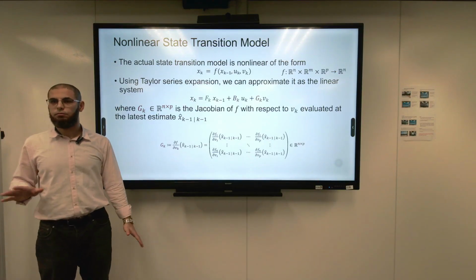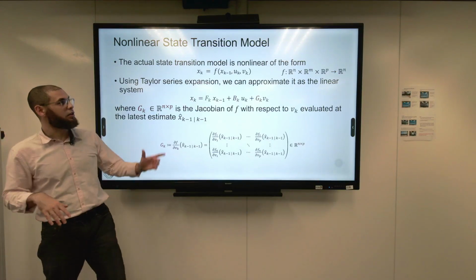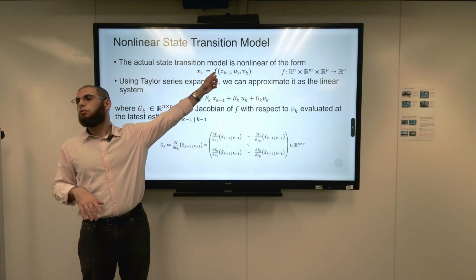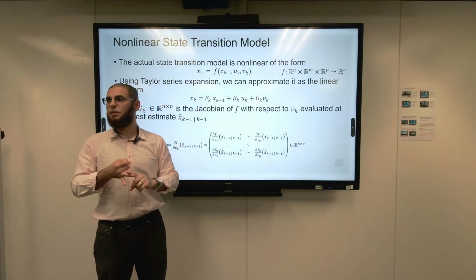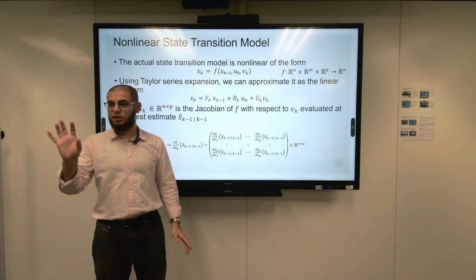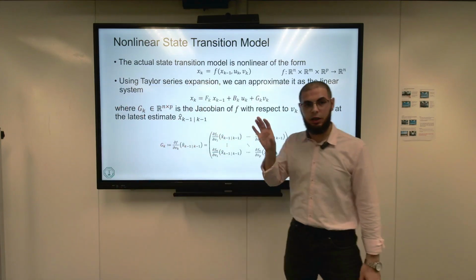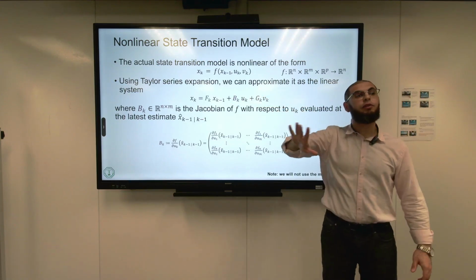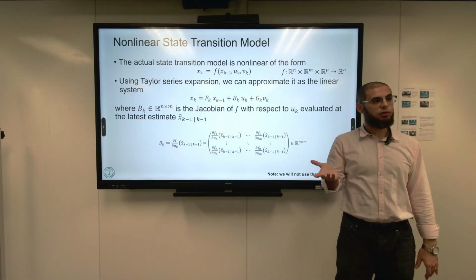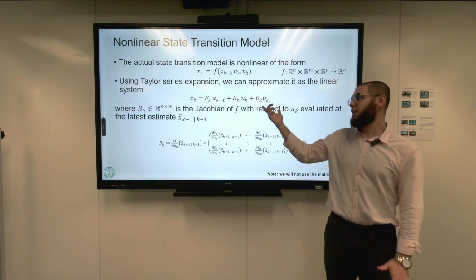Okay? So I started with one nonlinear model, and I got out of it 3 matrices: the f, the b, and the g. Okay? And even though it's written like this, there's a remark here I put for you that the b itself will never be used in the Kalman filter. You can compute it; it's mathematically valid, but it's actually not needed at all.